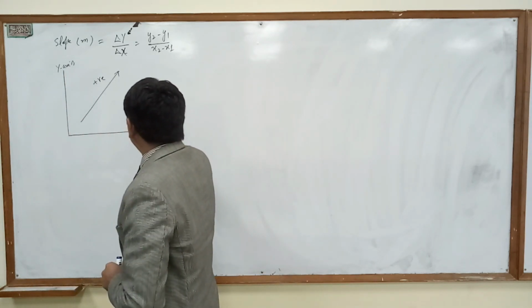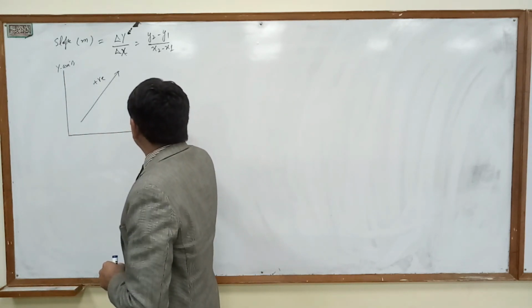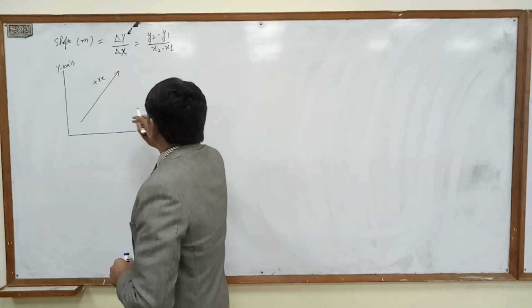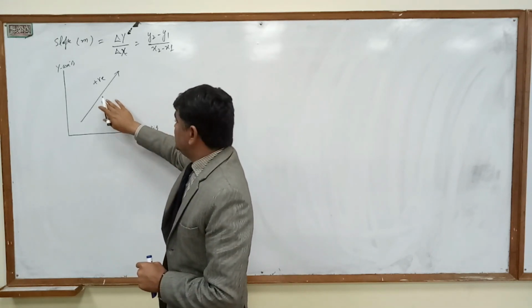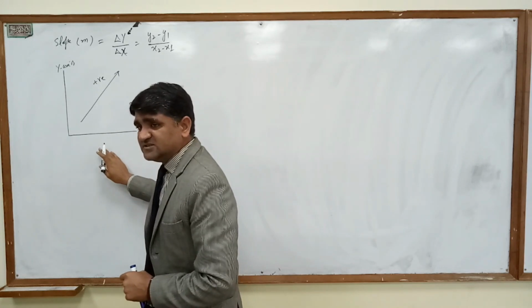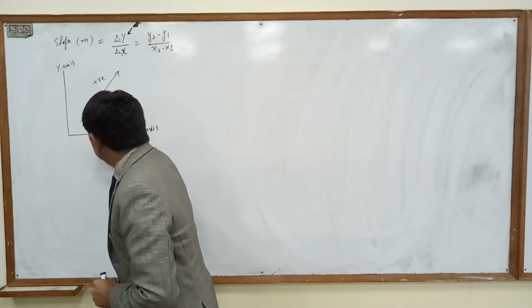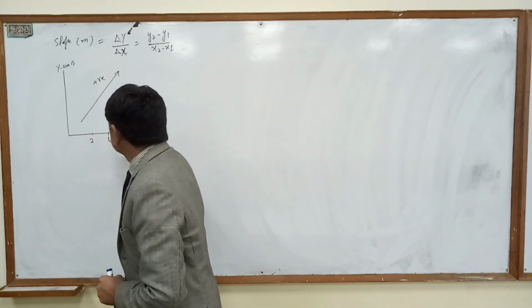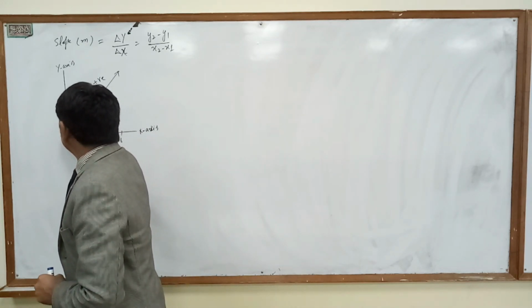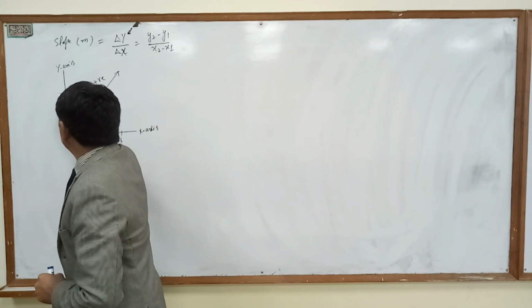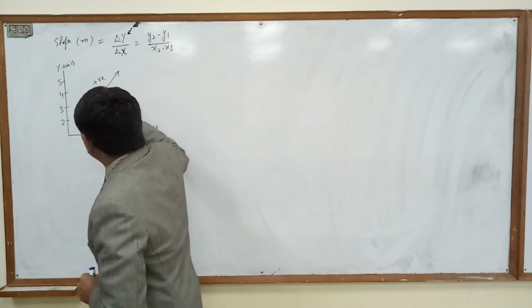So that is a positive slope. It means if the value of x is increased, the value of y is increased. Suppose, for example, here is 2, here is 3, here is 4, here is 5.